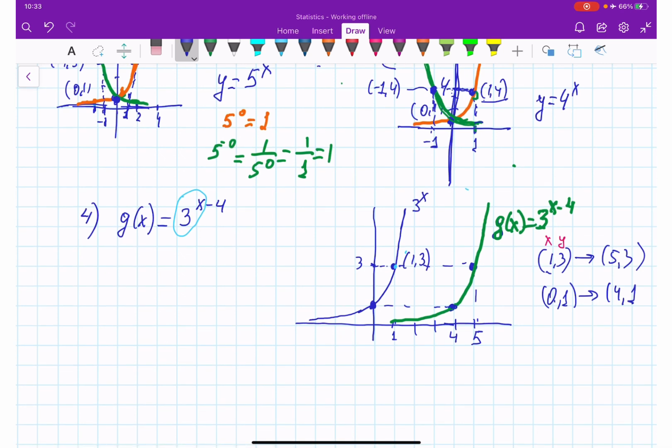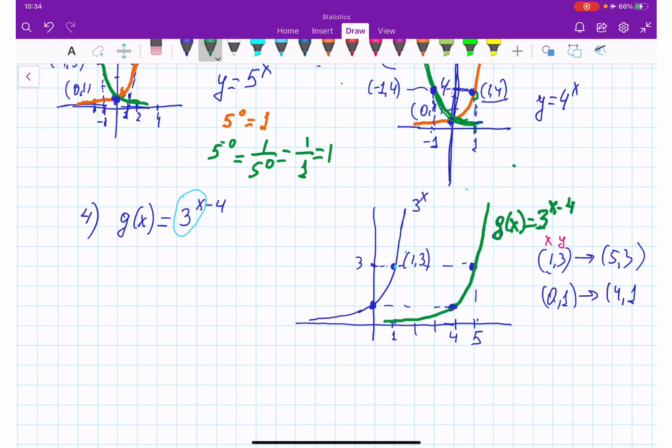Next, we need to draw the graph 3 to power x minus 4. Oh, we drew it already. We finished 3 to power x minus 4. Okay, now let's identify, do we have an asymptote and what is our asymptote? Where is our asymptote going to be, to what line is the graph running but never touches?